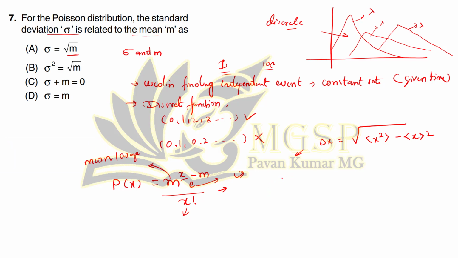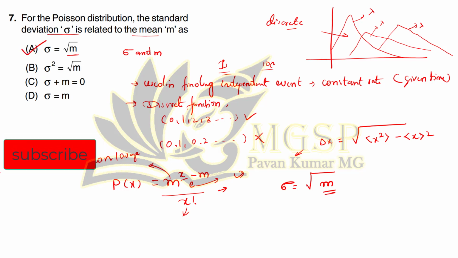The standard deviation has the form sigma is equal to root of m. What is this m? m is the mean number of occurrences of an event. So the correct answer is root m. Sometimes we usually write m in terms of n, but according to the question, I have written lambda in terms of m. Don't get confused here.